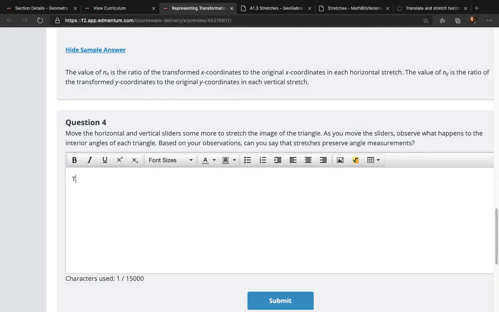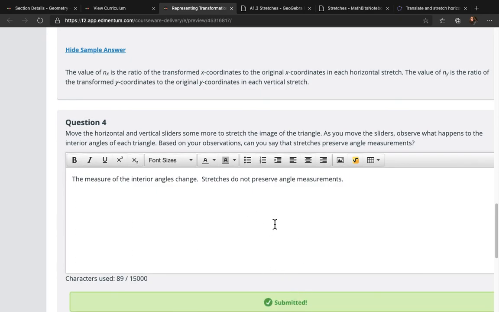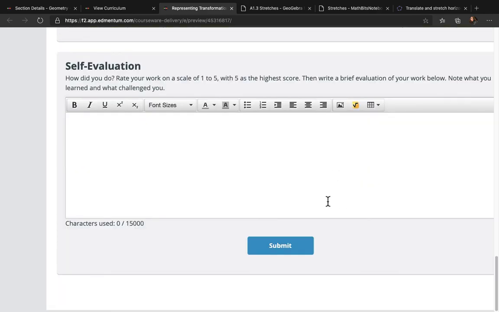So that's what we're going to put. We're going to say that the measure of the interior angles change, and stretches do not preserve angle measurements. Meaning the measures of your angles are not going to stay the same. They're going to change. So you're just going to hit submit and we're done.